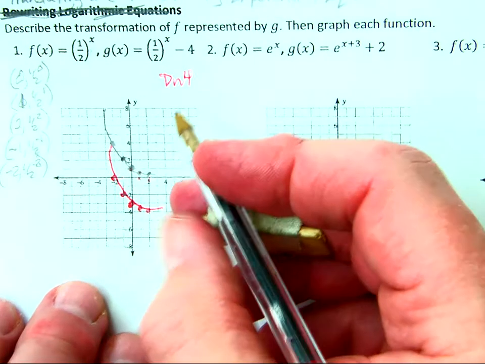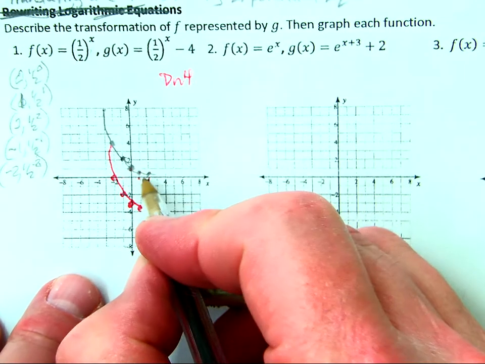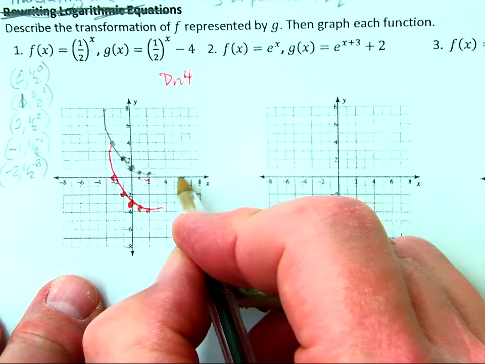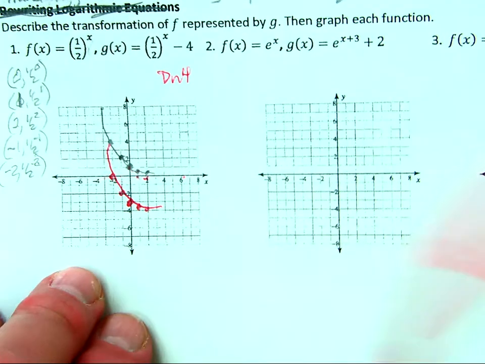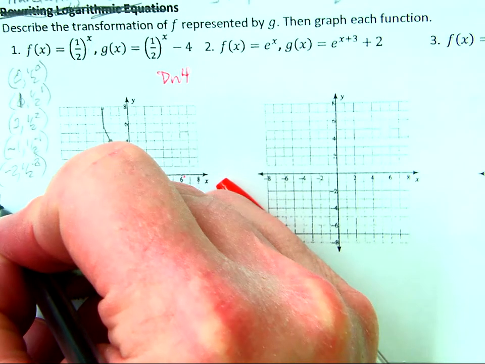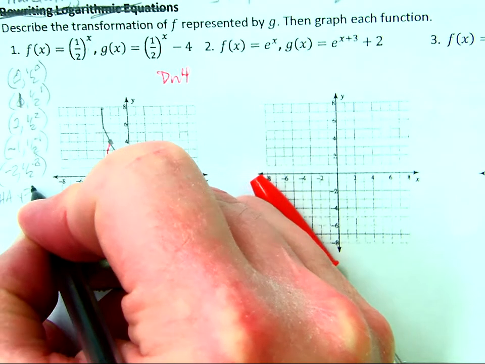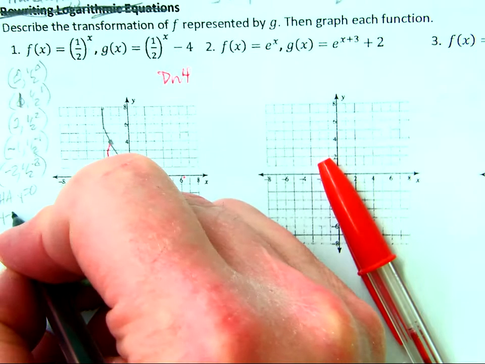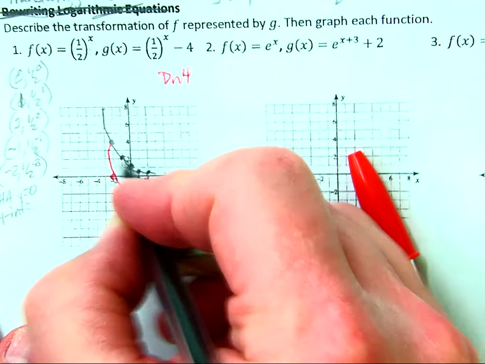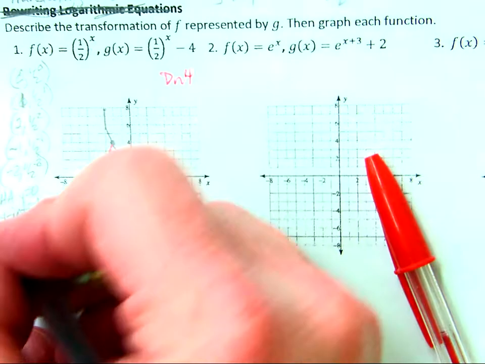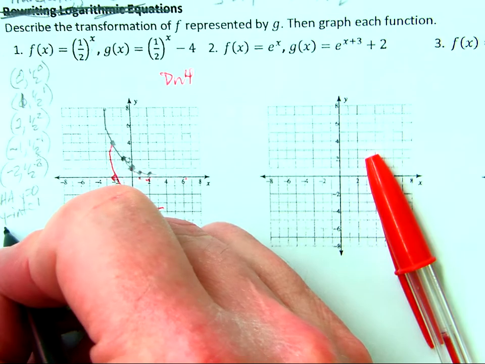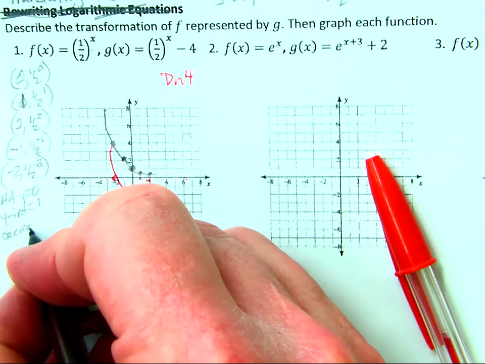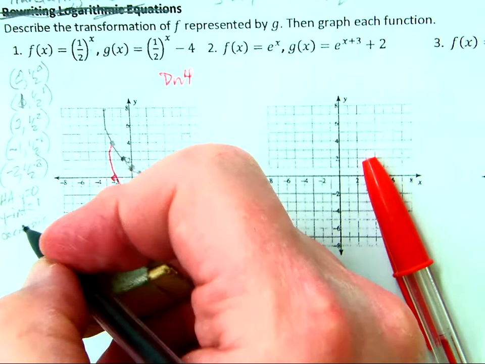If you looked at asymptotes, the original has a horizontal asymptote at y equals 0, because that graph's going to get closer and closer. It has a y-intercept up at 1, and it's decreasing, so it's a decay function.